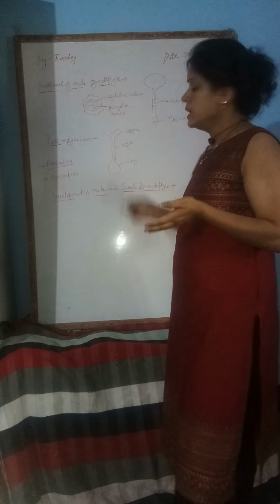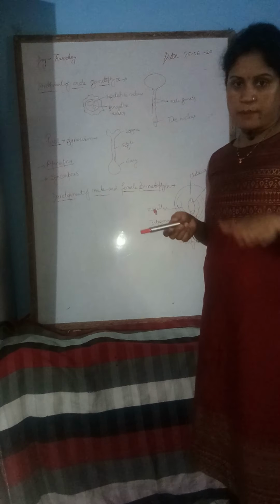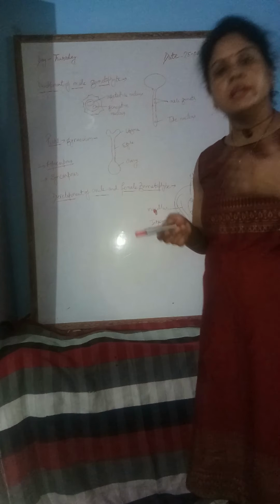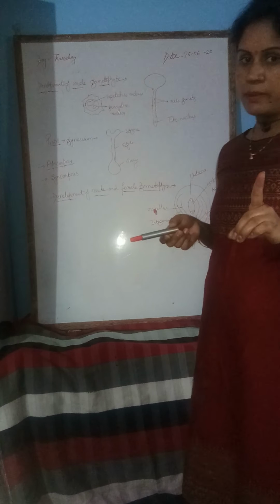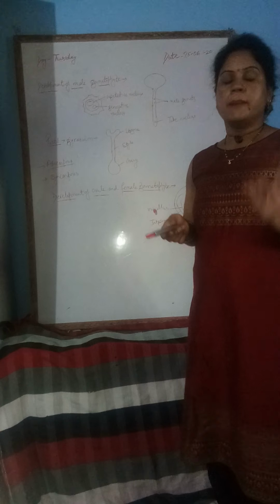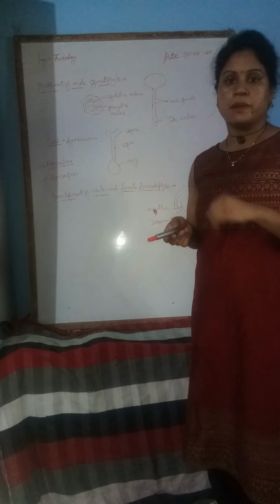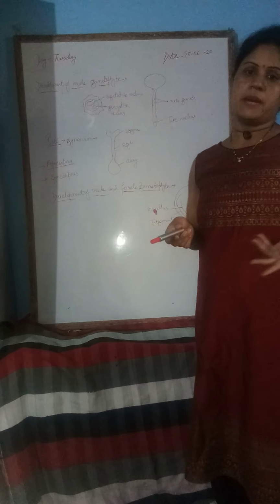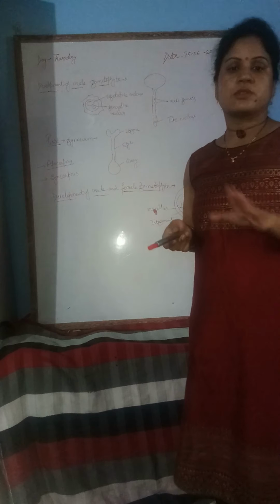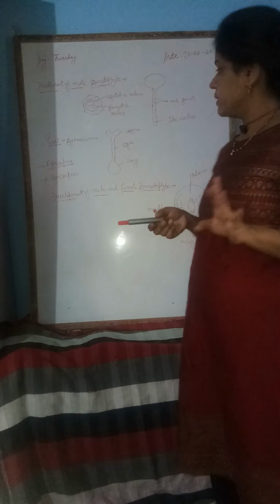A plant can also be monocarpellary, bicarpellary and multicarpellary. When a flower has only 1 carpel, that is called monocarpellary. When a flower has 2 carpels, then it is called bicarpellary. When it has multiple carpels, that flower is called multicarpellary.